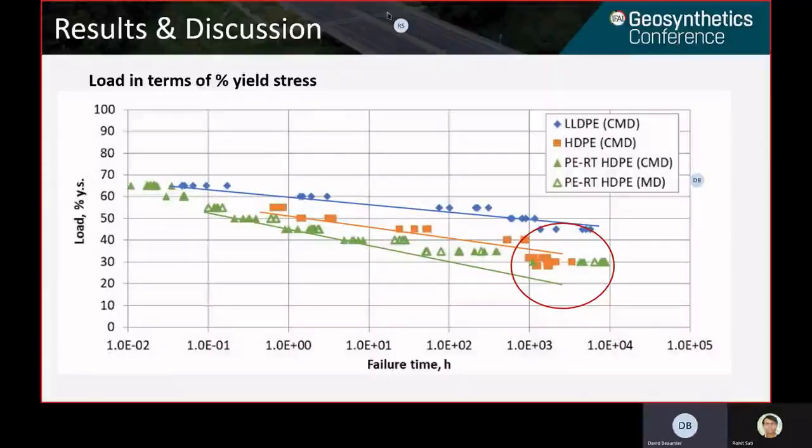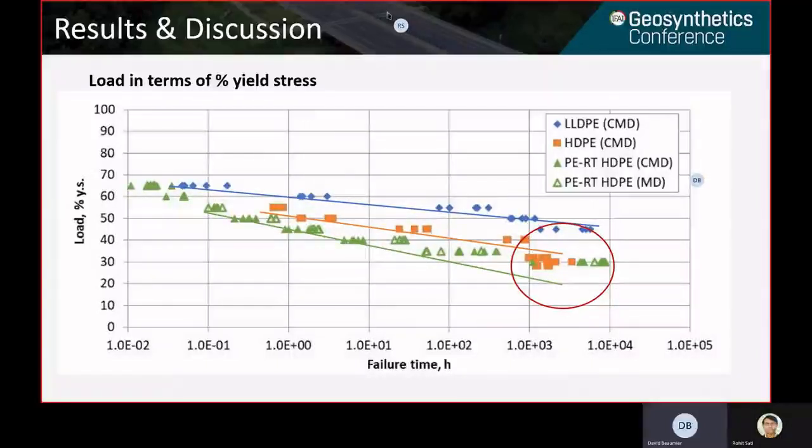We may see at this point that even if the PERT was below in terms of percent yield strength, we will get to a point where both the HDPE, the conventional one for geomembranes, and the newly developed PERT are quite close.